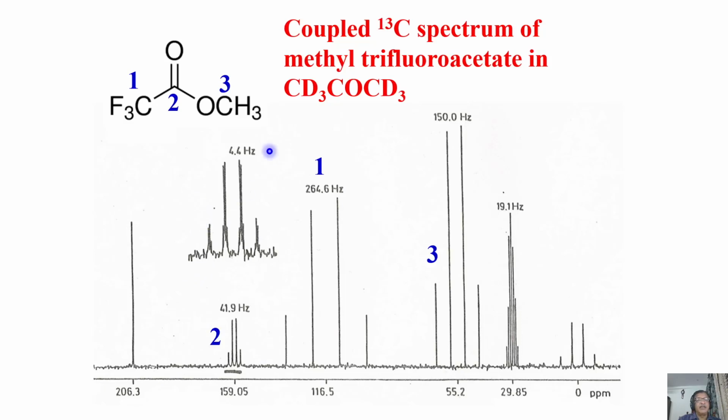This is because of the long range coupling of these three protons to this carbon. Remember, in the acetonitrile example, I told you there is a long range proton-carbon coupling. Exactly that is what is happening here. So this carbon is not only experiencing coupling with three fluorines, giving a quartet, it is also experiencing coupling with three equivalent protons, giving rise to a quartet of quartets.